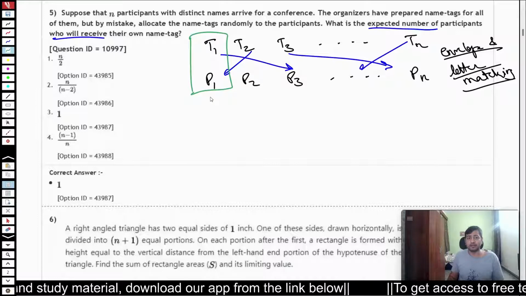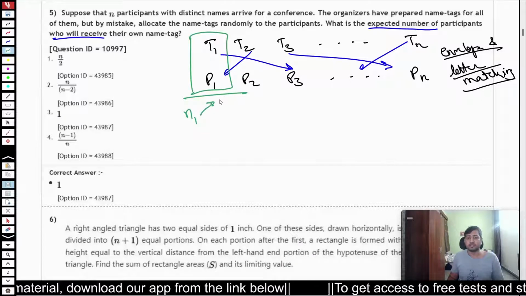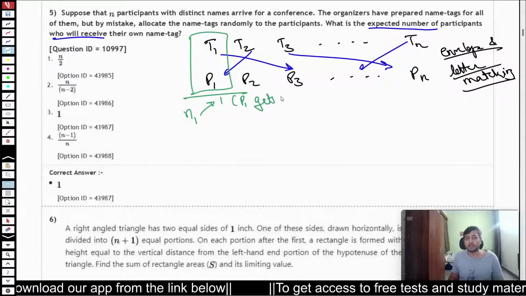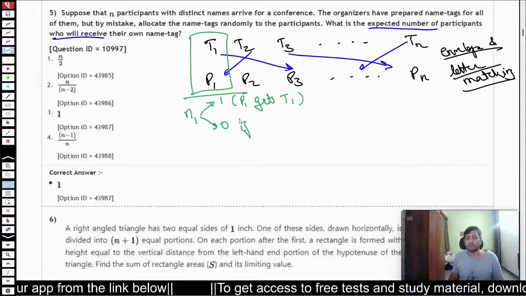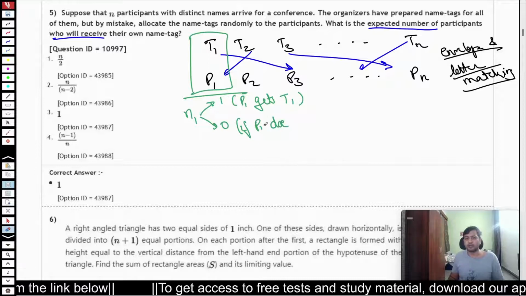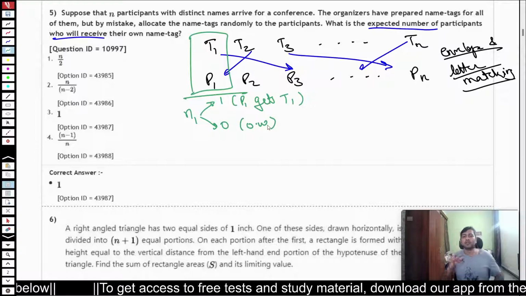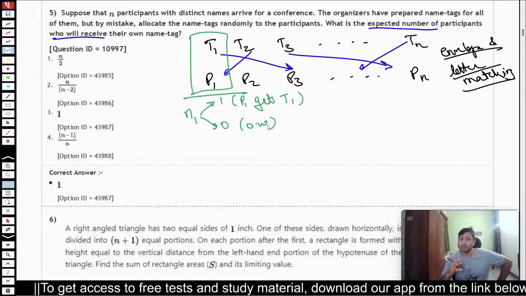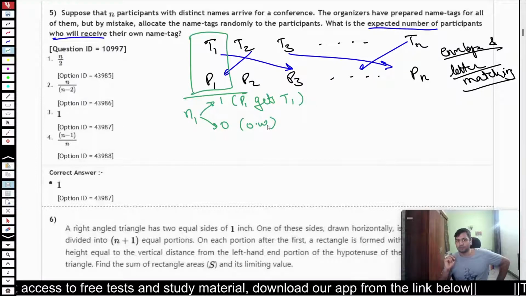So here, let's create a random variable n1 which takes a value 1 if P1 gets T1, and it takes a value 0 otherwise. So if tag 1 goes to person 1, this n1 random variable takes a value of 1.